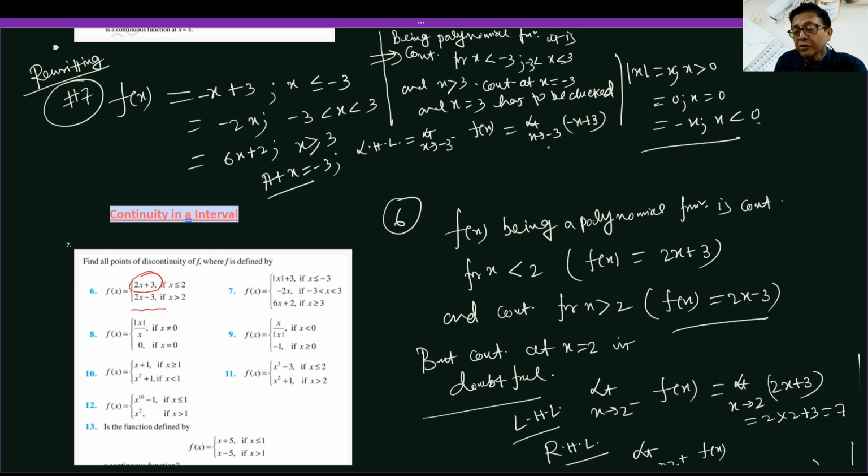And what is the answer to this? 6. Right hand limit. Which part should I take? This part. Minus 2x, this is going to be minus 2 into minus 3, which is 6.